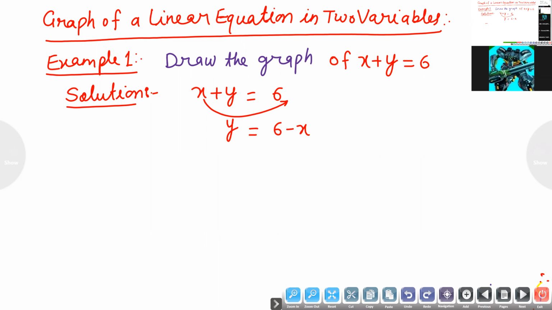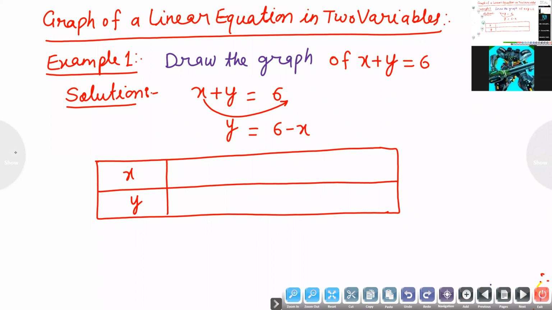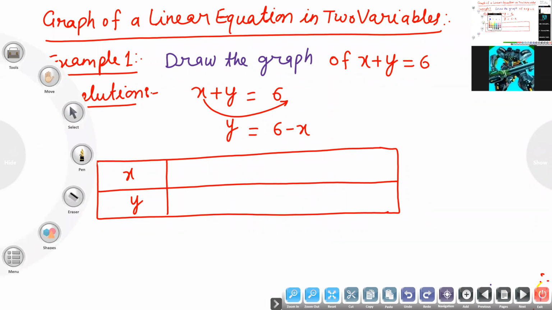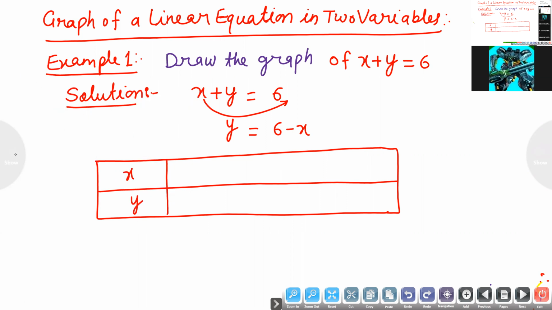Listen carefully, everyone. Don't write. I want to draw one table: x value, y value. First, I assume the value of x is 0.